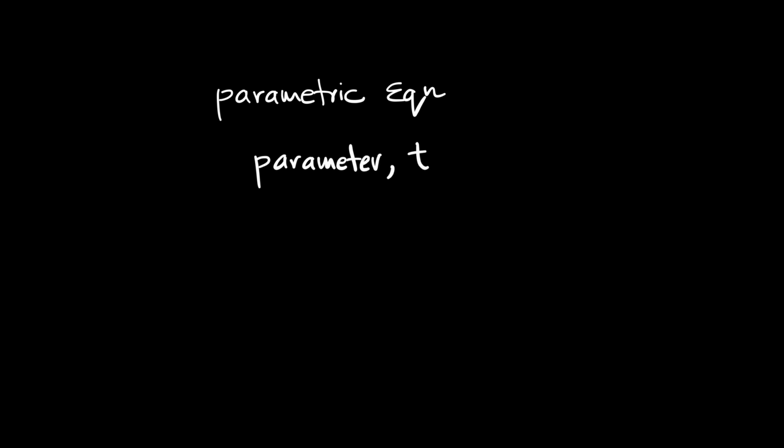So now, what have we learned in this video? We now fully understand what we mean by a parametric equation and what exactly a parameter is. We usually use the symbol t. We know that using t, we can find the corresponding x and y coordinates.